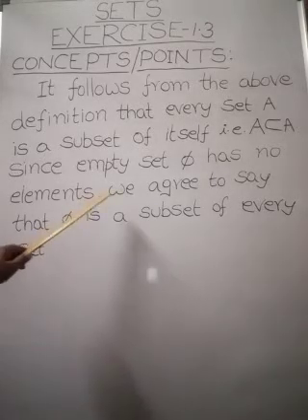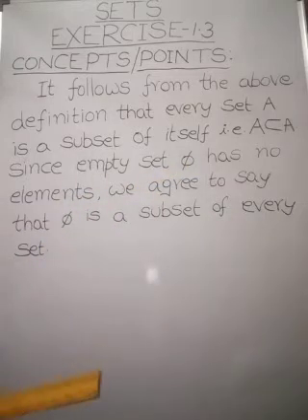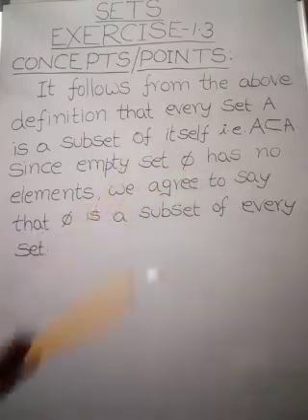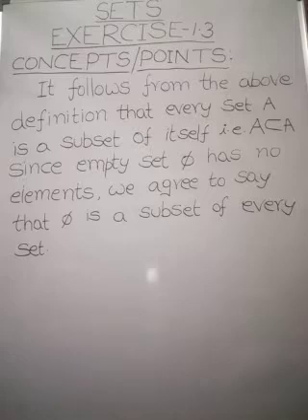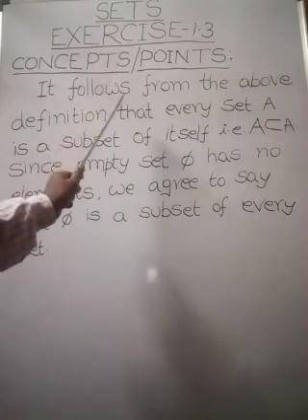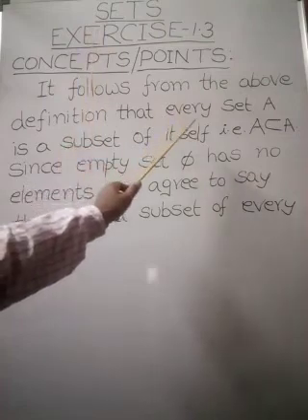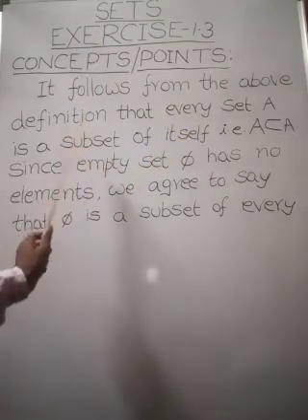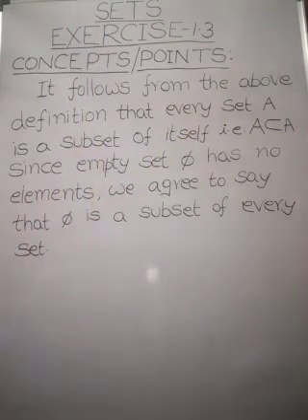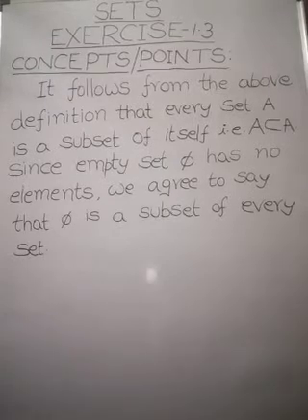Similarly, here also you have to remember that the empty set φ is also a subset of every set. Remember, for any set, the set itself is a subset, and φ is also a subset of every set. Okay, my dear children? Right.